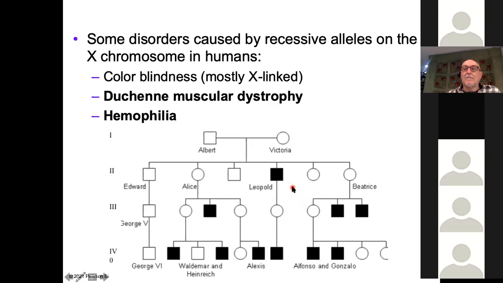Wait, Professor? Yeah. So is it possible that Albert and Victoria could have been carriers also, because they could have gone back in history and they could have had it, and just didn't have to have been a carrier? That has been done. Geneticists have looked at the families on both sides, and there's no appearance of it at all. Oh, okay.